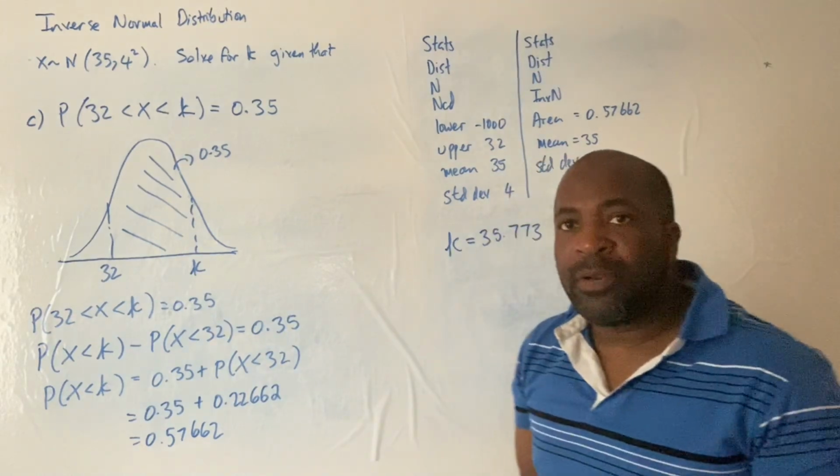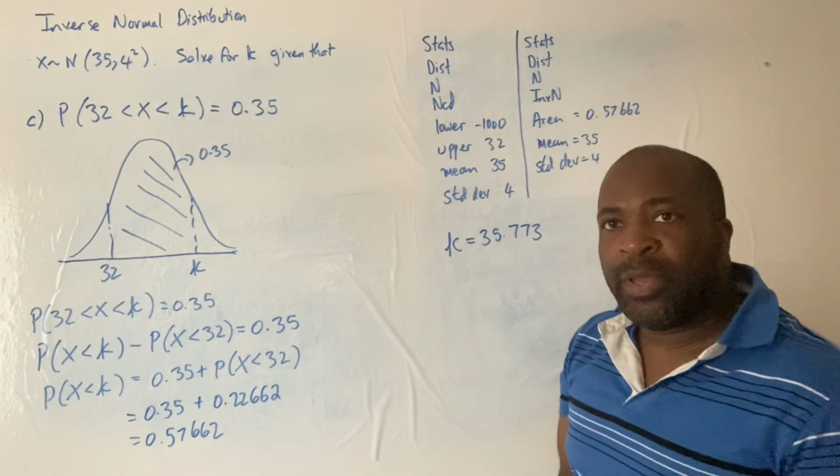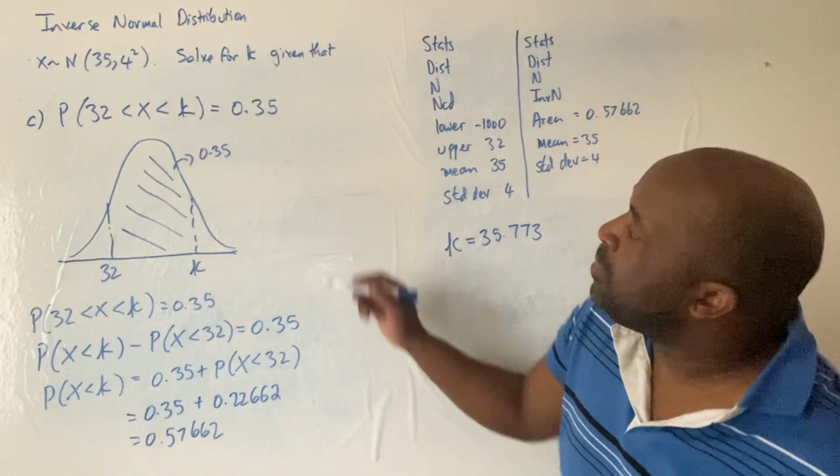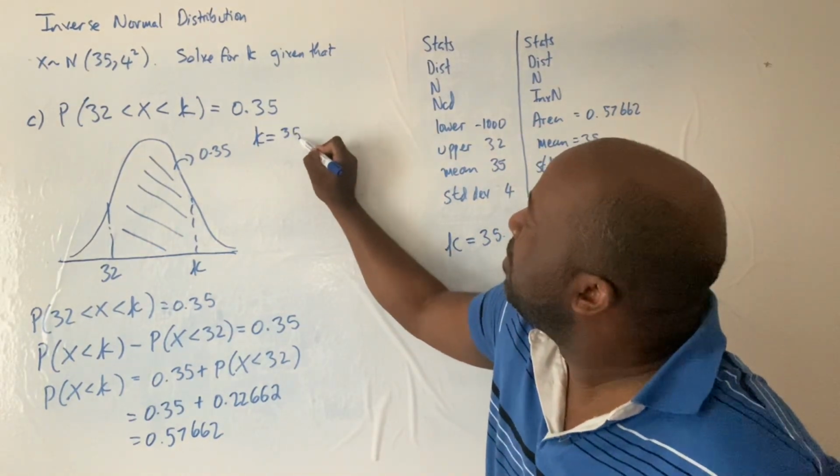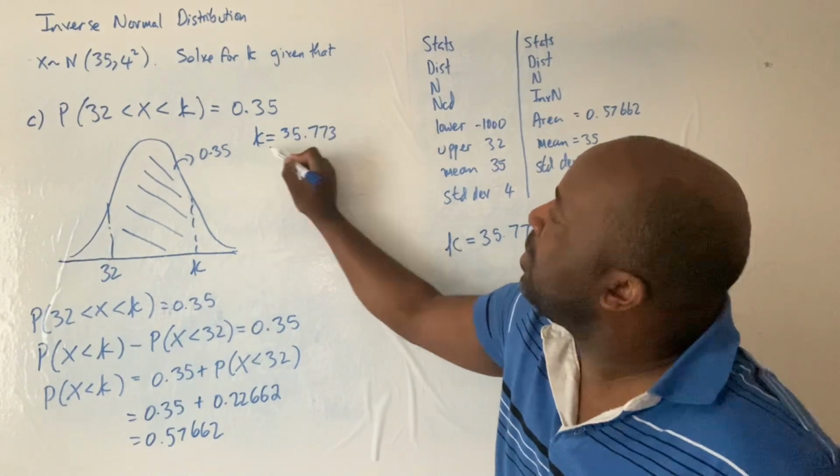That, in my opinion, is the most straightforward way to approach a problem. All right, so we can note the value for k, 35.773.